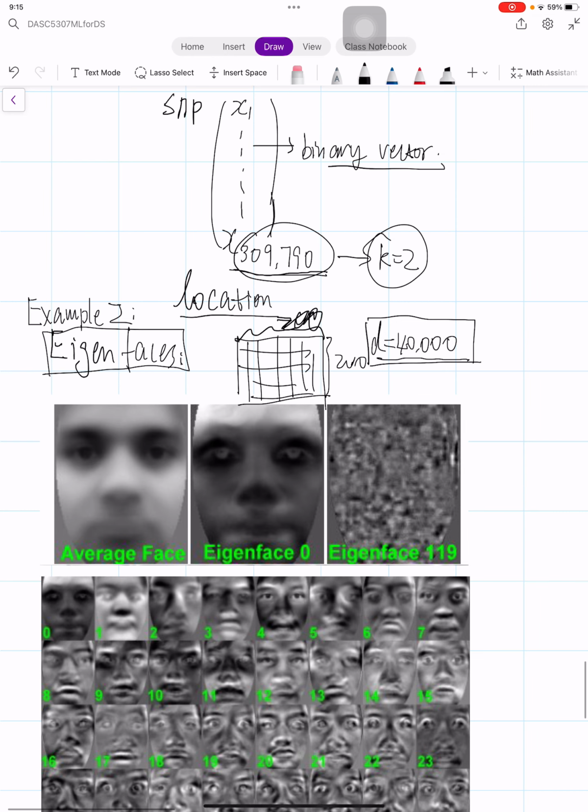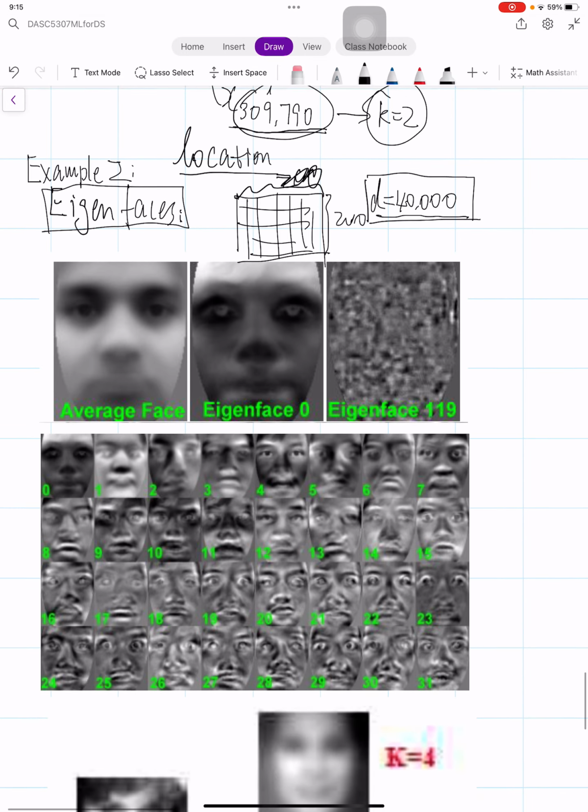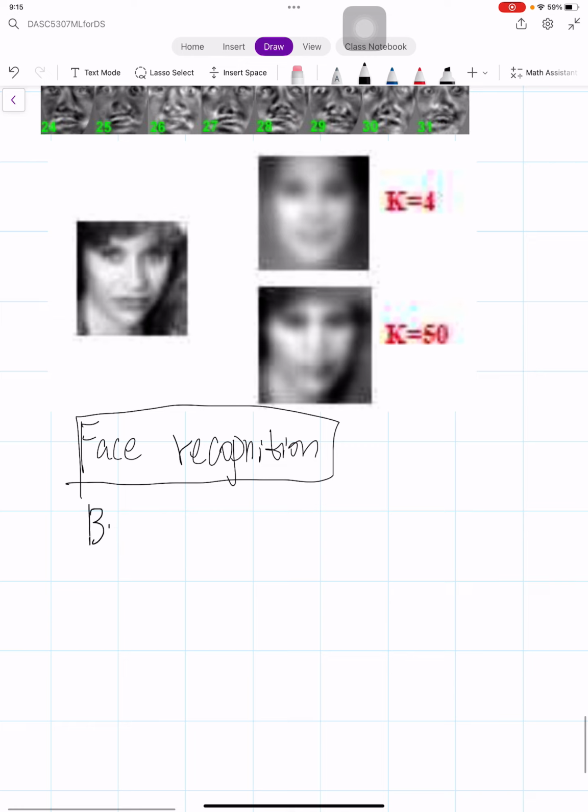Okay, so by running the principal component analysis on these pictures, we can reduce the feature space D to a relatively small k by PCA.